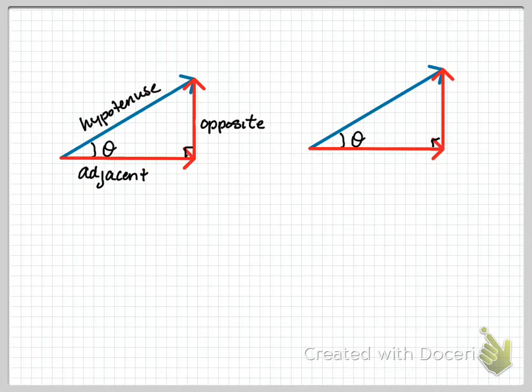And so if we use numbers for this, let's say this velocity is 30 meters per second, and our angle is 25 degrees, and we want to know Vx, and we want to know Vy, we're going to end up using our trig.